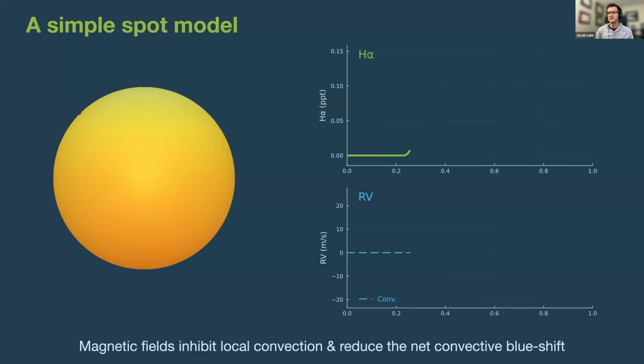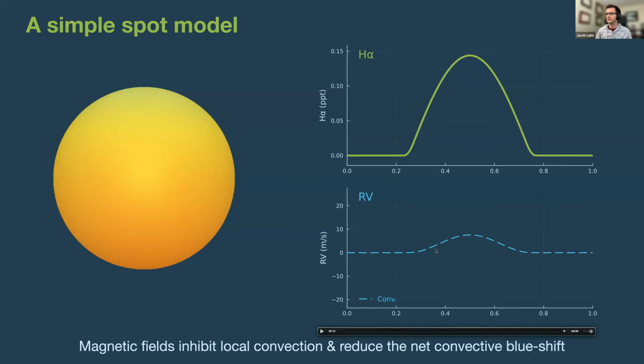In the RVs, we get a combination of two effects. The first is a convective effect, so the fact that these magnetic fields inhibit convection locally and reduce the overall net convective blue shift that we see for a star. And so you get this redward bump that is proportional to, or falls in line with, the H alpha activity indicators.